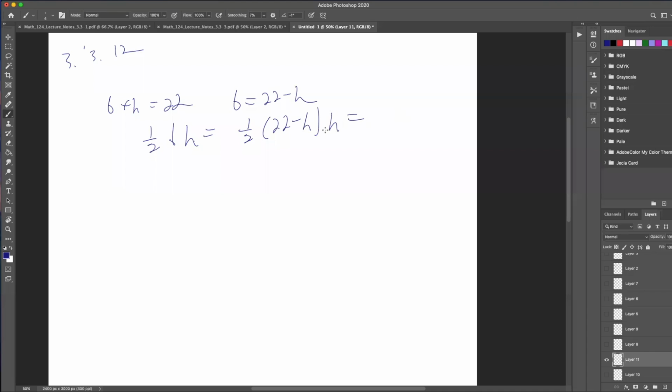Let me do this slowly. So it would be minus 1/2 h squared plus 11h. That's why we wrote it that way, and I want to maximize this.